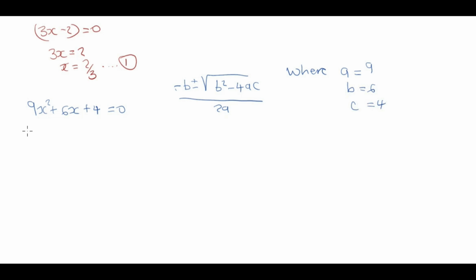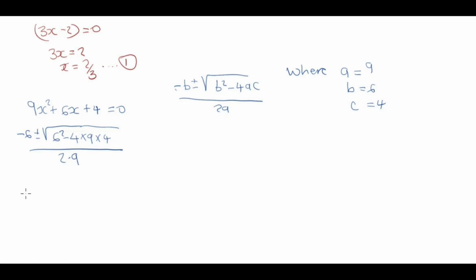So when we put in our numbers, we get minus 6 plus or minus the square root of 6 squared minus 4 times 9 times 4, over 2a, and 2a is 18.